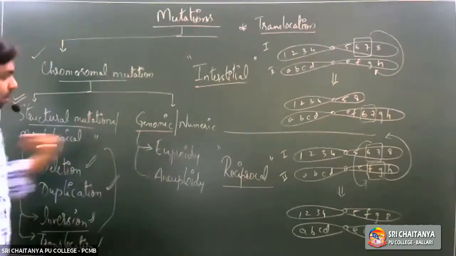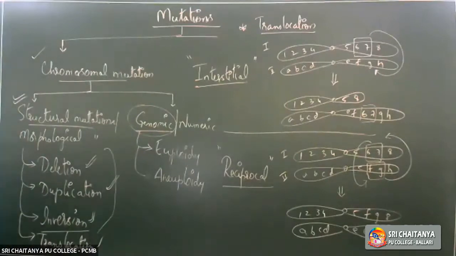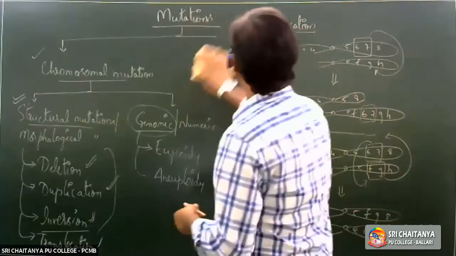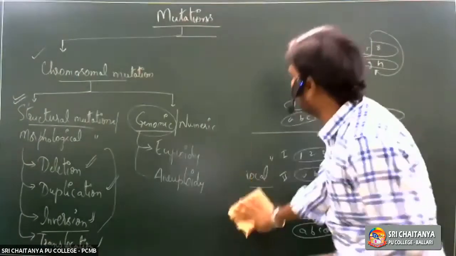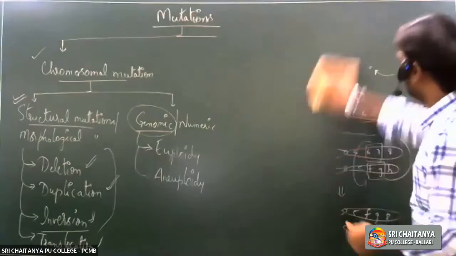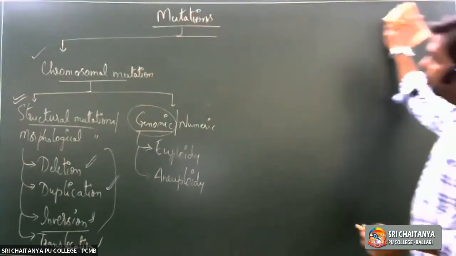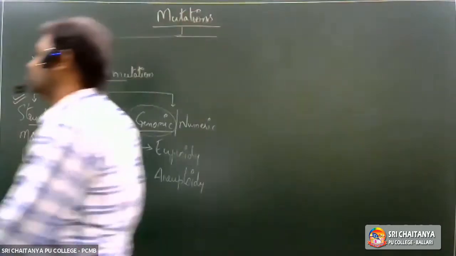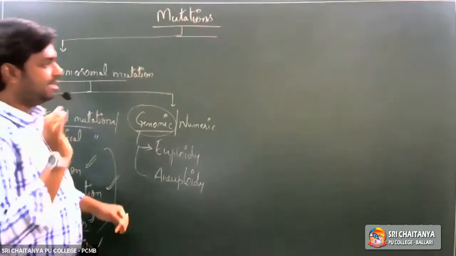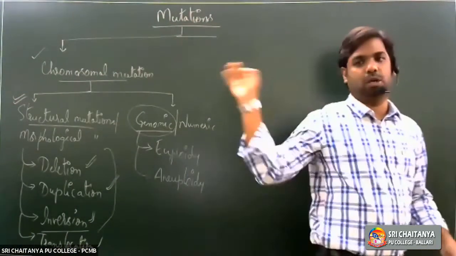Right? Now let's take up the second, numeric mutation, which we also call genomic mutation. Let us see what exactly is happening in the genomic mutation. As I've already said, in genomic mutation or numeric mutation, there is no change in the chromosome structure, but there is an increase or decrease in the number of chromosomes because of mutation.